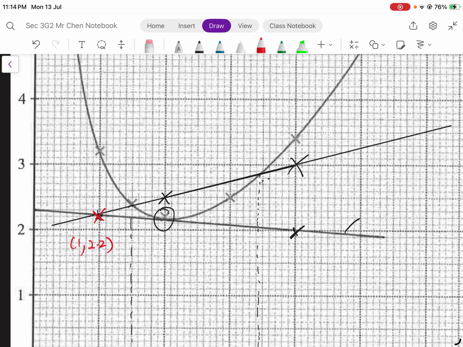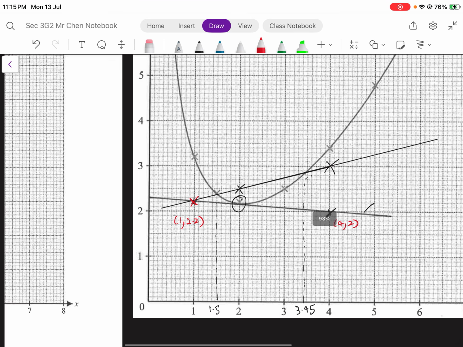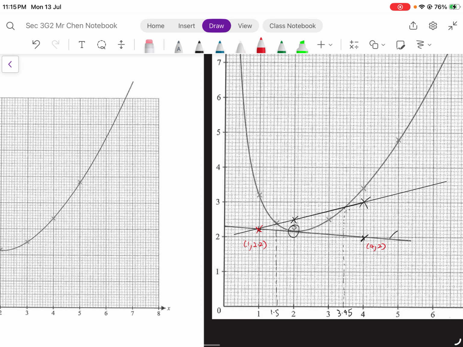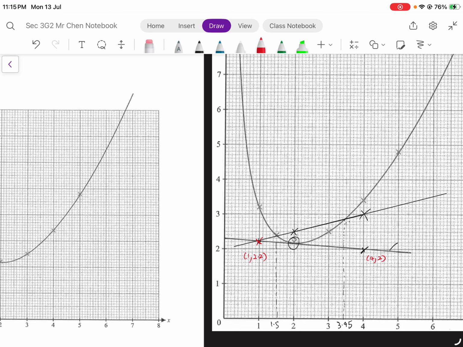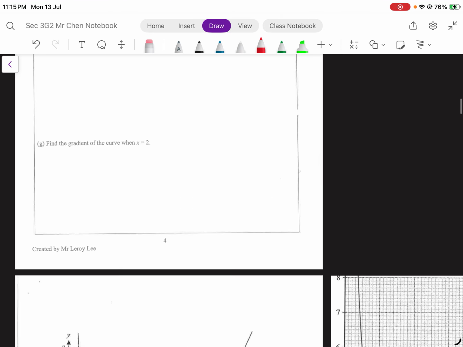Then down here x is 4, y is 2.1. Let's label them point 1 and point 2. So point 1 would be 1, 2.2. Let's take point 1.